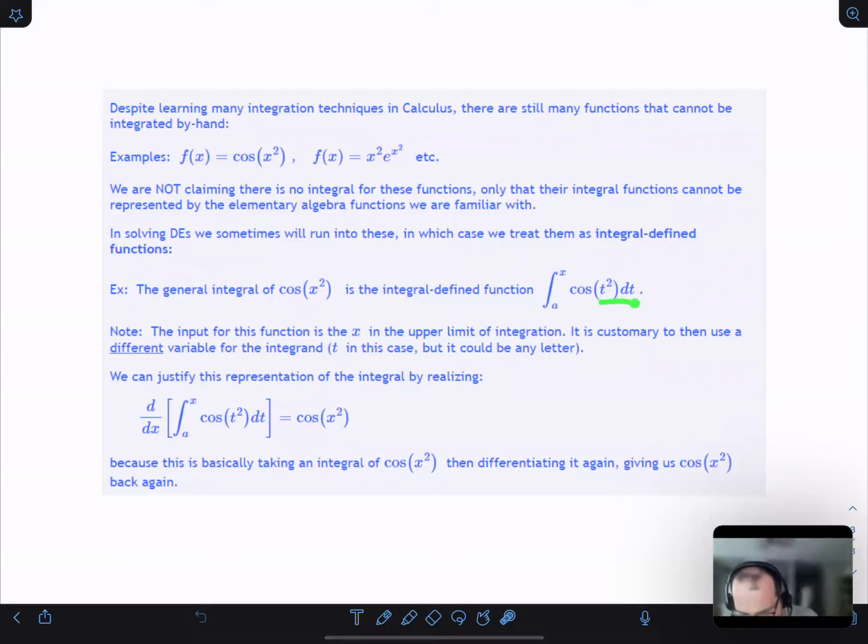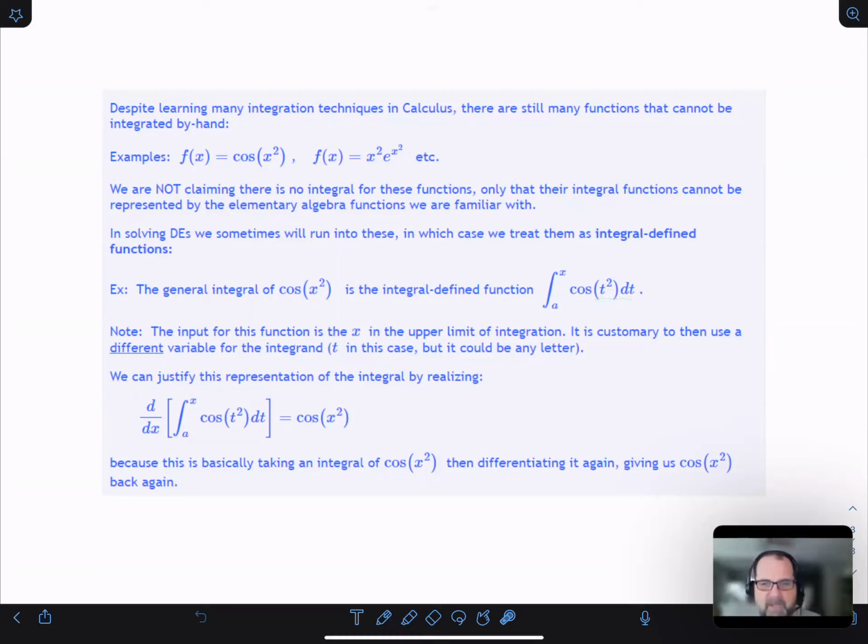We then have a variable here inside, which we would consider just a dummy variable. We're accustomed to calling this x, but I don't really want to call this x because I've already used x as the input variable in the upper limit here. So typically we would change this name to t, giving cosine t squared dt.